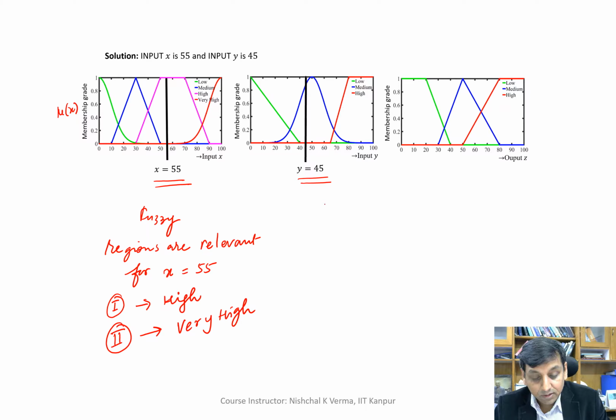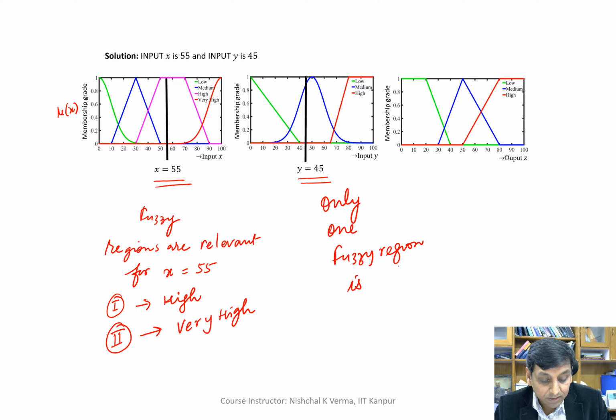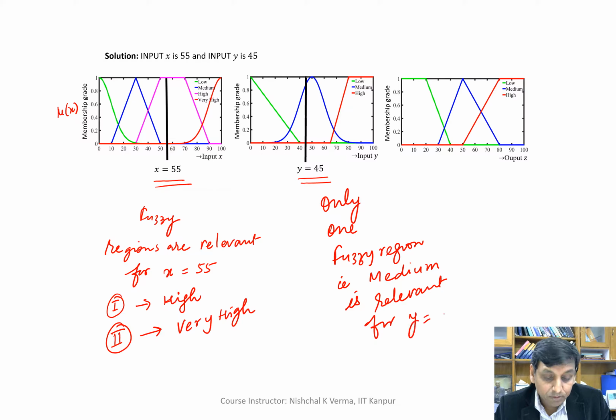Here only one fuzzy region, that is medium, is relevant for Y is equal to 45. So here we have three fuzzy regions.